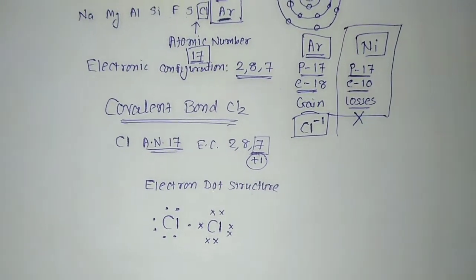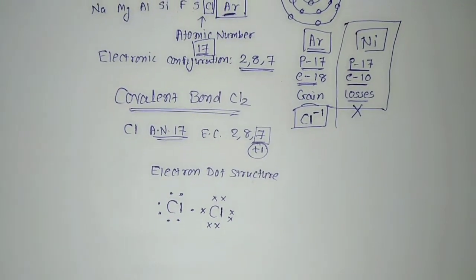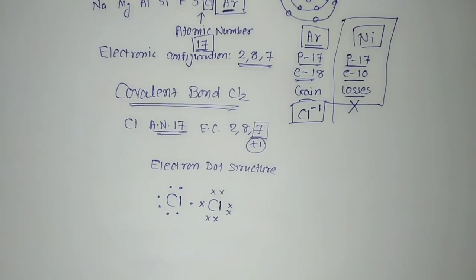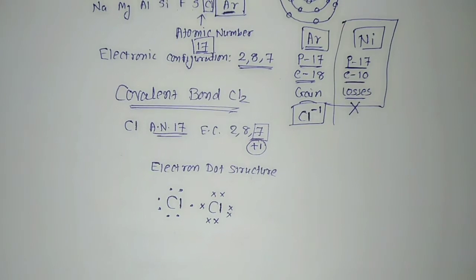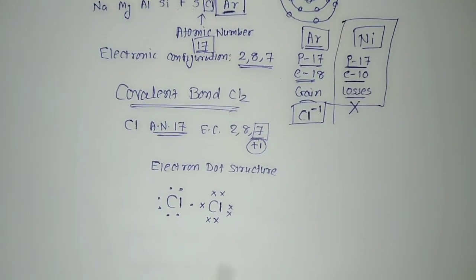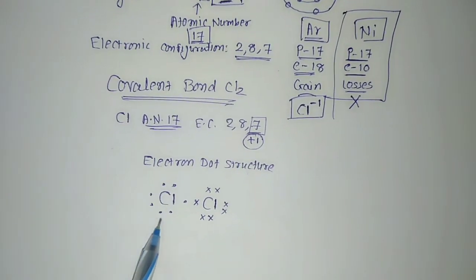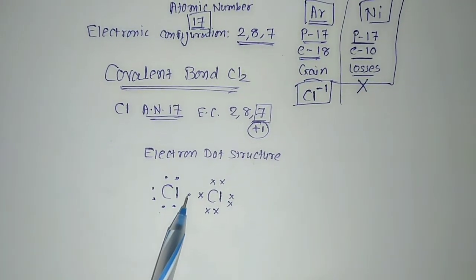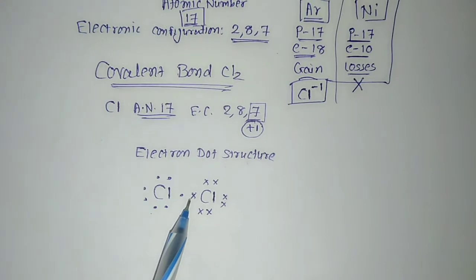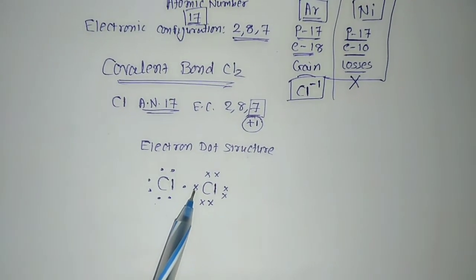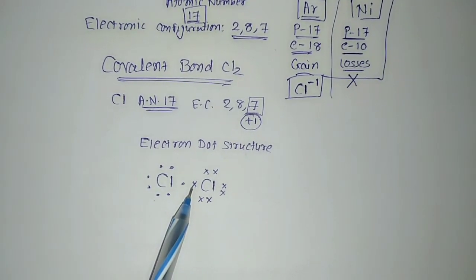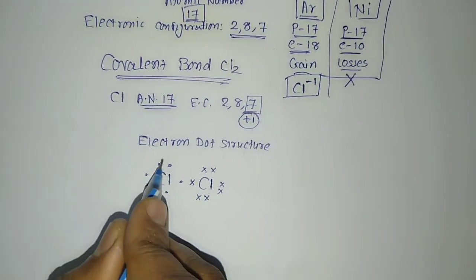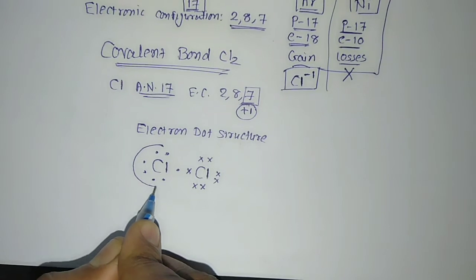Now to complete its octet it requires 8 electrons, but here it will do sharing with the 1 electron of the other chlorine atom. This chlorine has 7 electrons of its own, and one more electron is there from the other chlorine to complete its octet. I'll put it here. You can see I'll do the circle here.